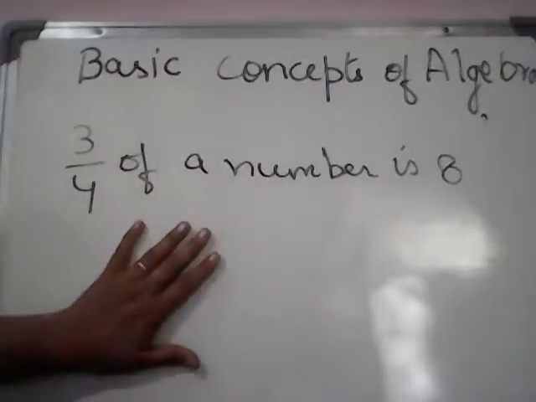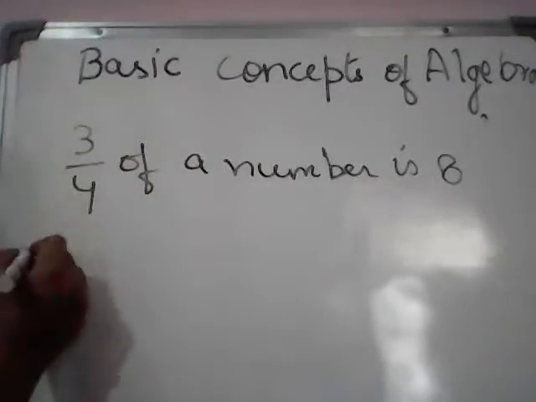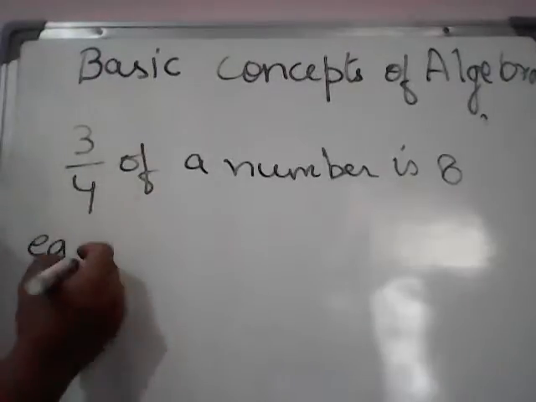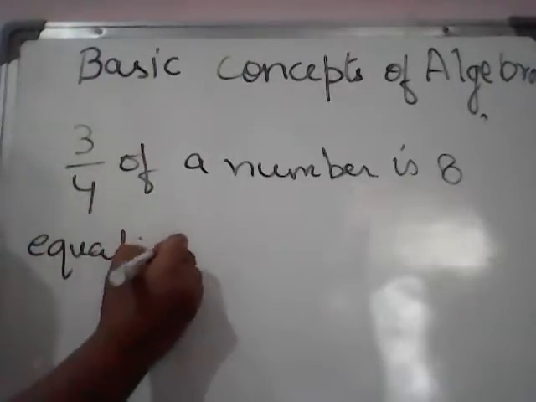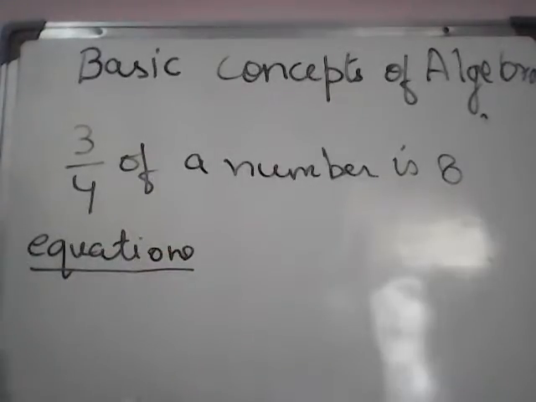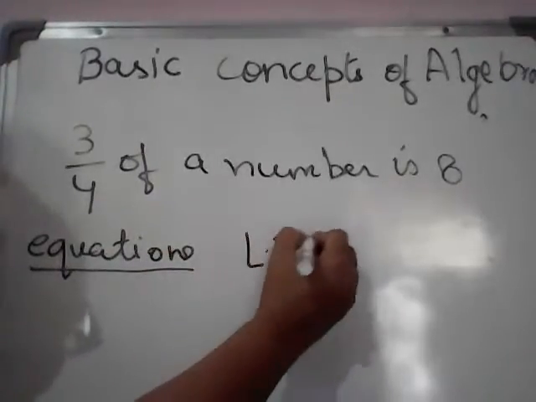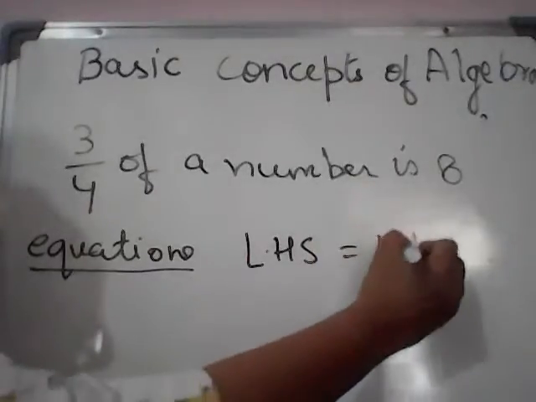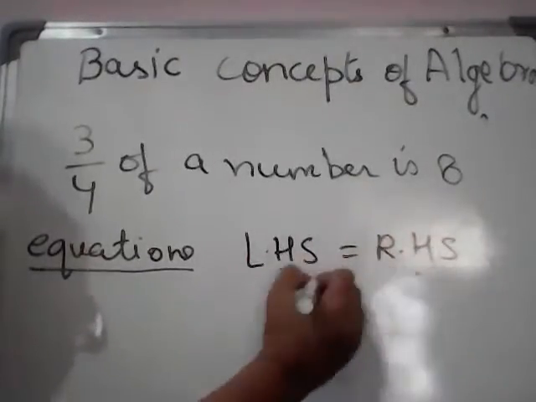In equations, we have two sides. Just let us talk about equation first and then we'll make equations. As I told you, we have equal to sign. Means we have two sides in equation, that is left hand side and right hand side. So both the sides are equal.